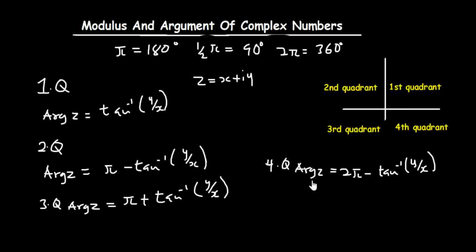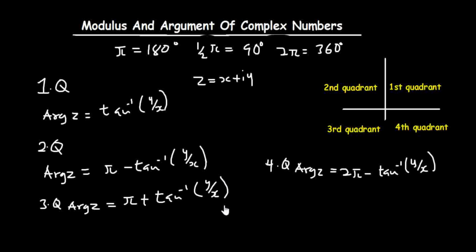For the third quadrant, the argument of z is equal to pi plus the tan inverse of y over x. And for the fourth quadrant, the argument of z is equal to 2 pi minus the tan inverse of y over x. So if you want to get your answers in radians form, these are the formulas that you are going to use. But before then, you have to make sure that your calculator has been set to radians, otherwise you get the answer wrong.